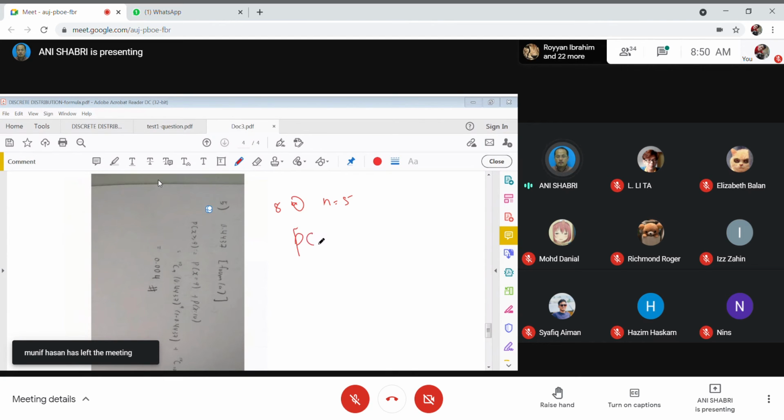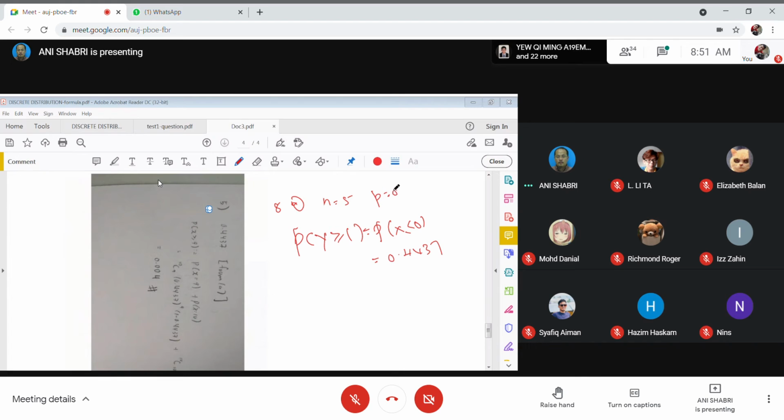Okay, P Y greater or equal 1, it is equal P X less or equal 0, it is equal 0.4437. P is 0.15.